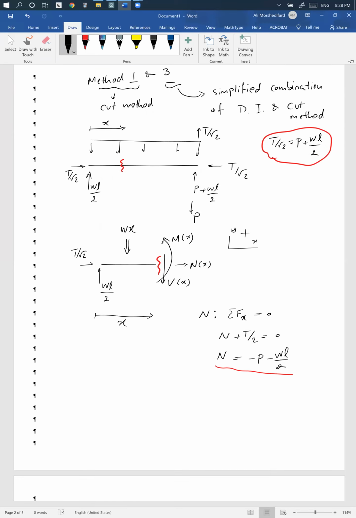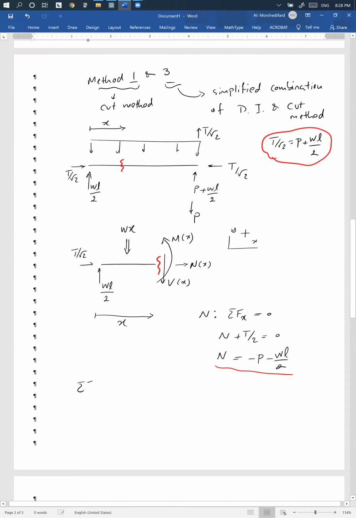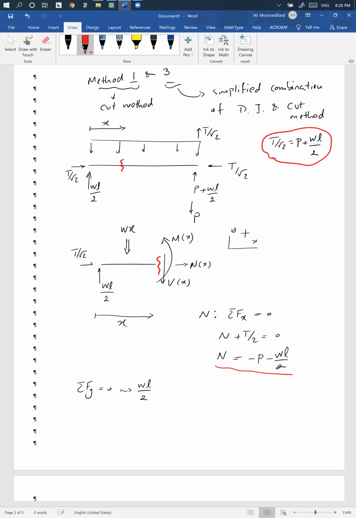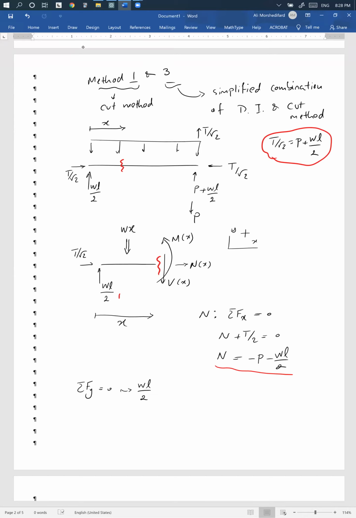So let's go about V. As I said, we have to be smart about where we take our moment about. But for V, you just need to use sigma Fy equals 0. So WL over 2, this one, this one, this one.